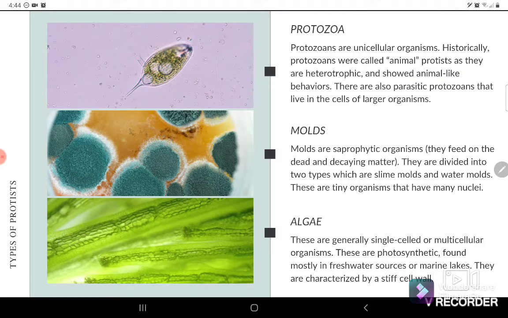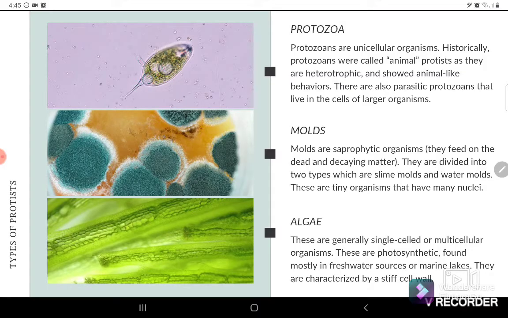For example, since they live in aquatic and moist environments, like in a pond, when a certain organism drinks the water in the pond containing these protists, and they are ingested in that organism, they become parasitic, and they may impose diseases, or even death, on the organism in which they are ingested. So that is for protozoans.